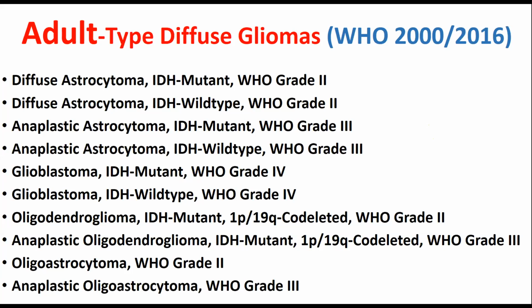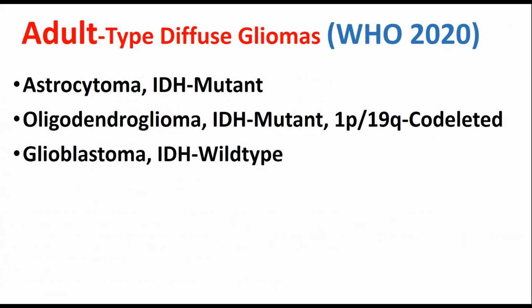What does it look like if you take everything you know right now about IDH mutant versus IDH wild type, diffuse astrocytoma, and oligodendroglioma? How many different diagnoses are there really? Three, only three. This is what it looks like.